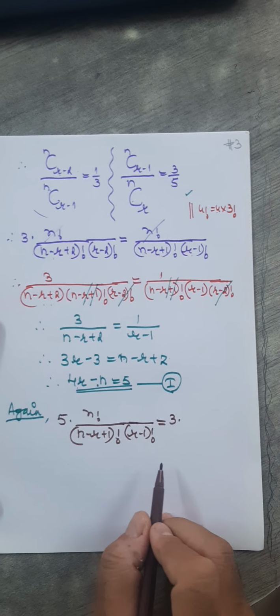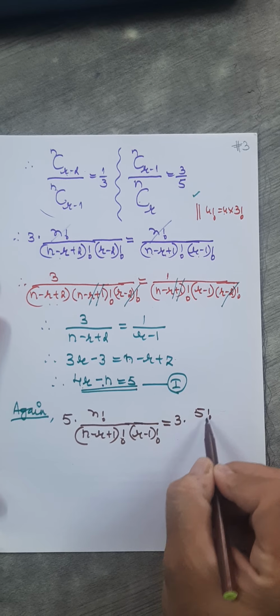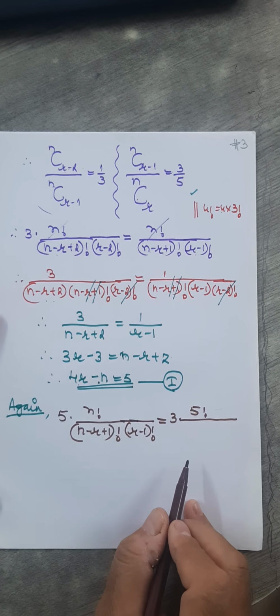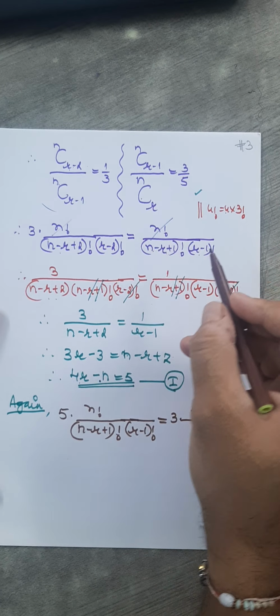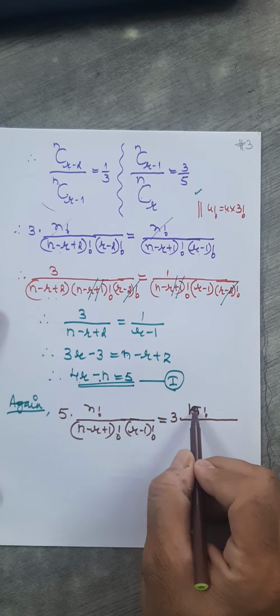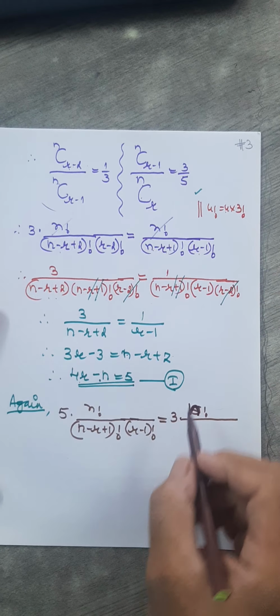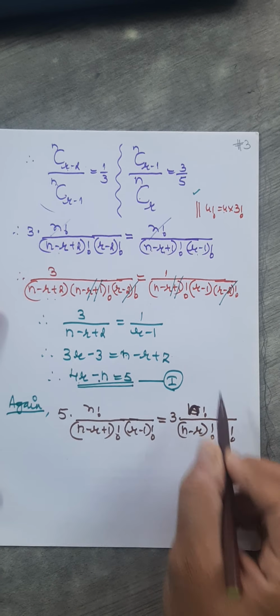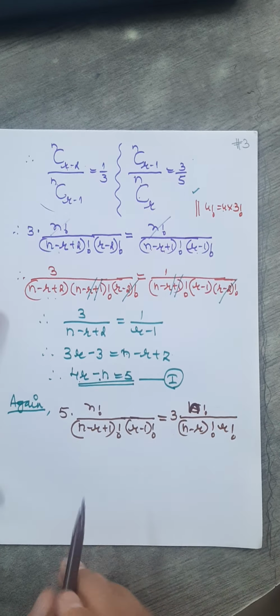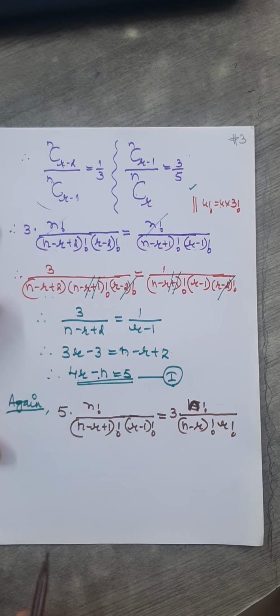So 3 into this one. Sorry, not 5 factorial, n factorial. n factorial upon n minus r factorial into r factorial. This is multiplied with 3. Okay, now the question is simplification.